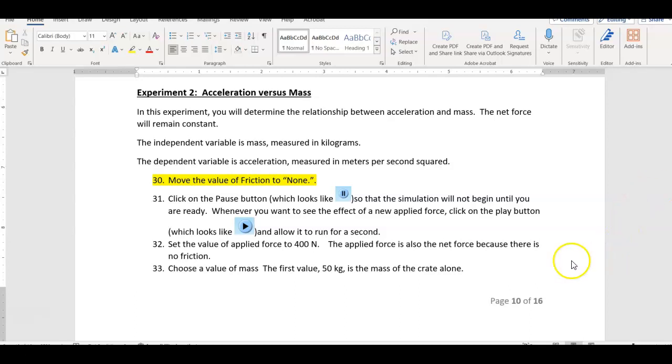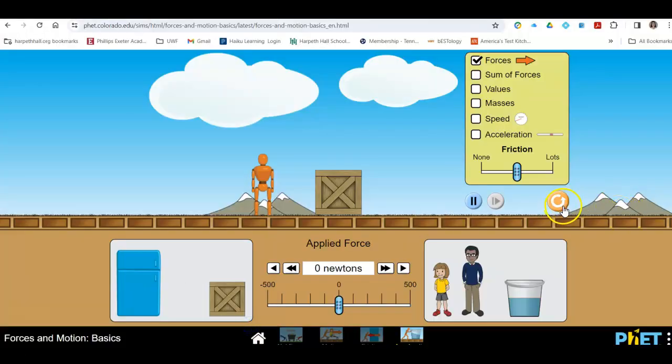So in setting up this experiment, you need to reset your PhET simulation by clicking this orange reset button. Go back and click on the boxes for forces, sum of forces, values, masses, and acceleration.